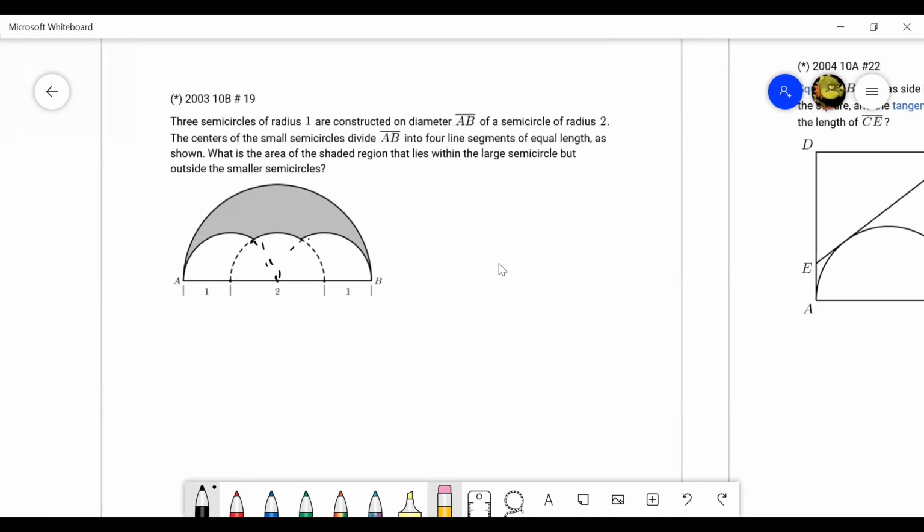If you want, you can just draw the other 2 where they would be. We have 3 semicircles of radius 1 and 1 of radius 2. And the centers of the small semicircles divide AB into these 4 line segments of 1, 1, 1, 1. Basically, it just says that they're all equal. And you need to find the area of the shaded region.